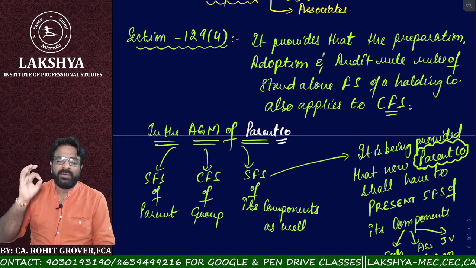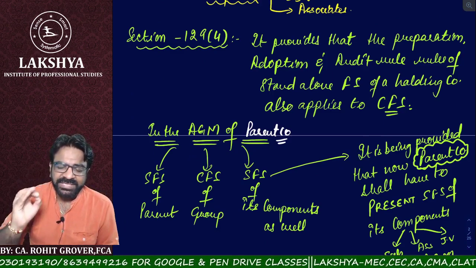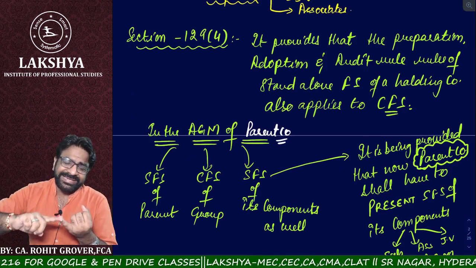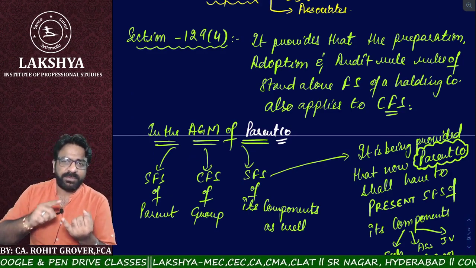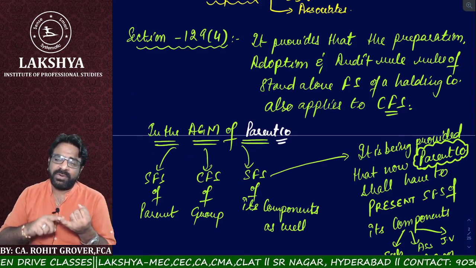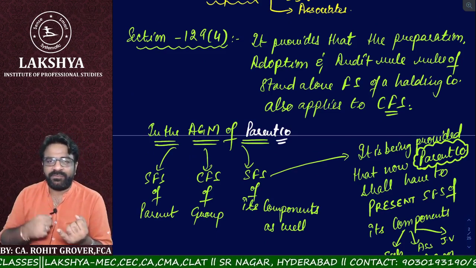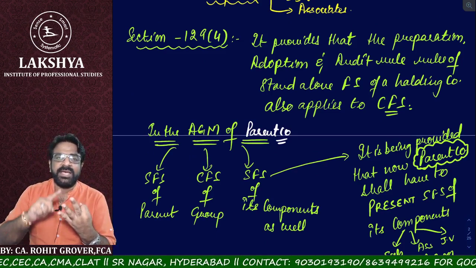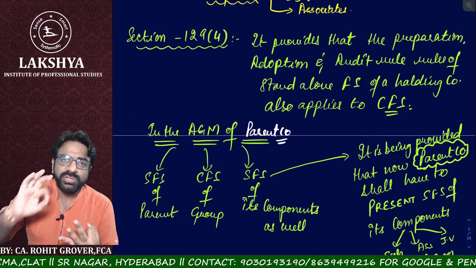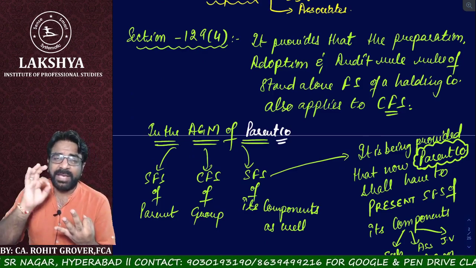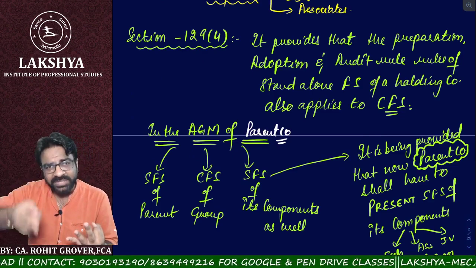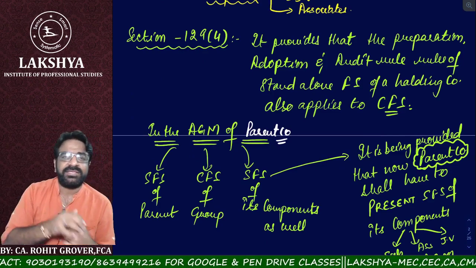To understand, when the parent company's AGM is going on, the parent company will get its own financial statements approved. Parent company will also lay down the consolidated financial statements, and the third responsibility is that the parent company shall also lay down the separate financial statements of all its components in the same AGM.